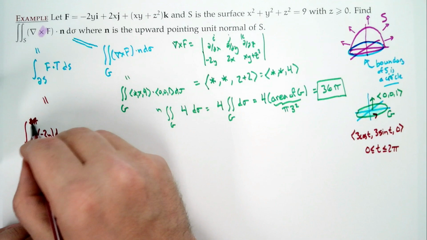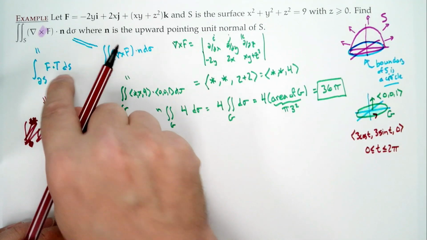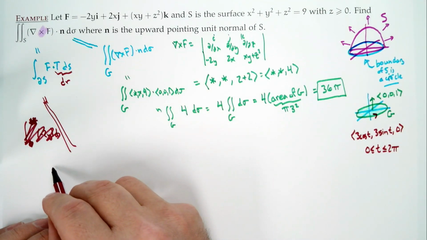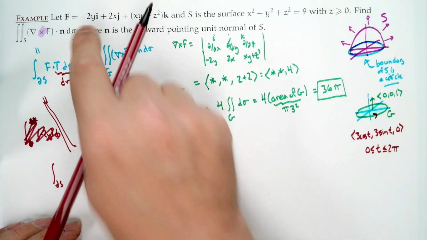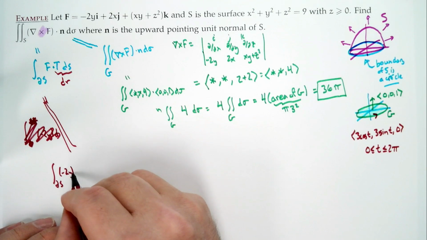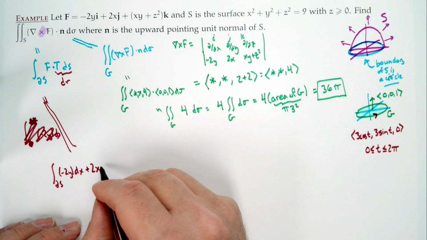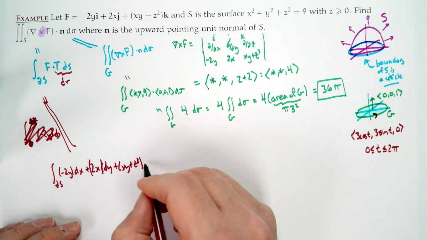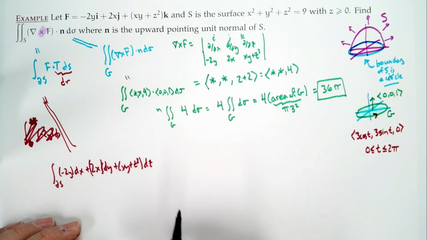Well, okay, let me say that F dot T ds, this is again dr. So this would become the integral along the boundary of S of minus 2y dx plus 2x dy, and then plus xy plus z squared dz. Okay? Minus 2y, 2x, xy plus z squared.